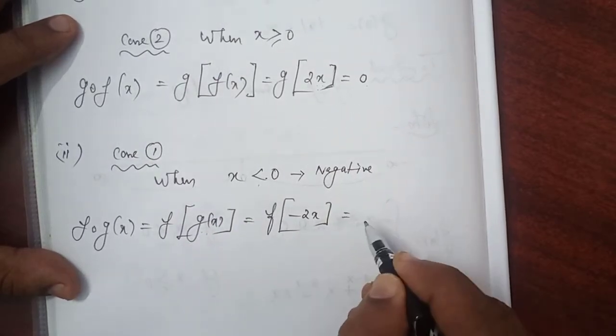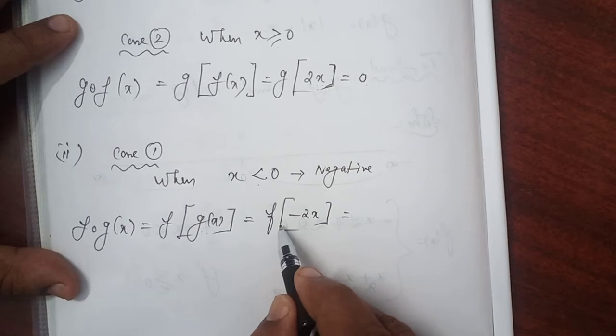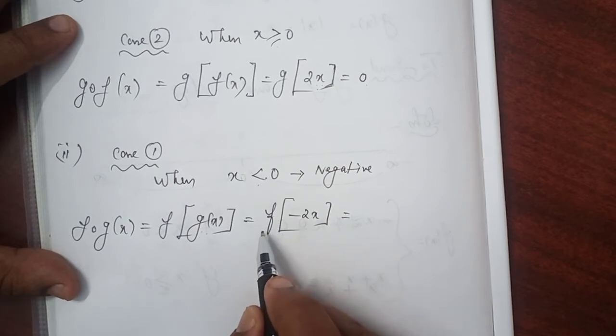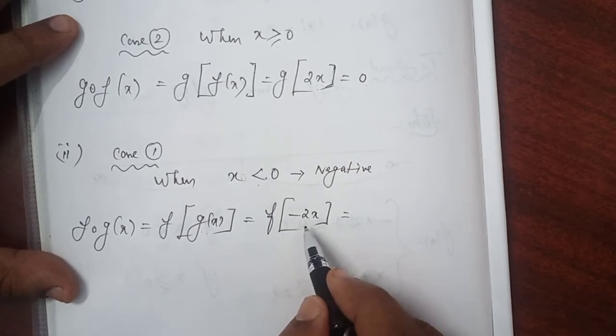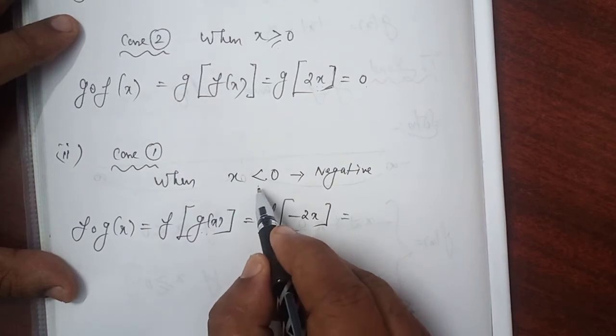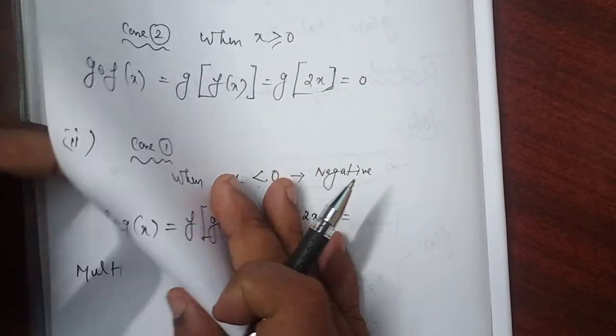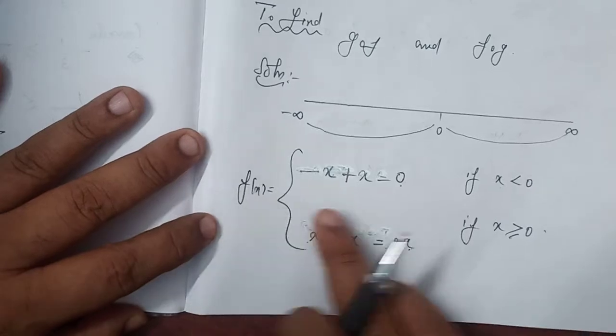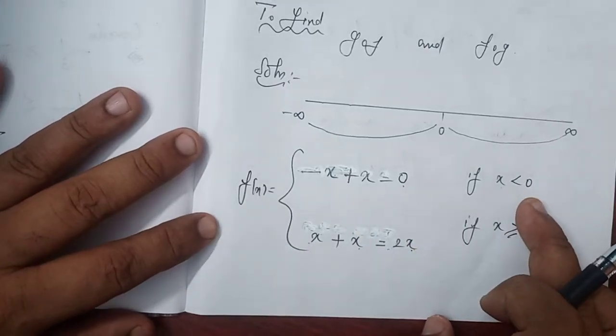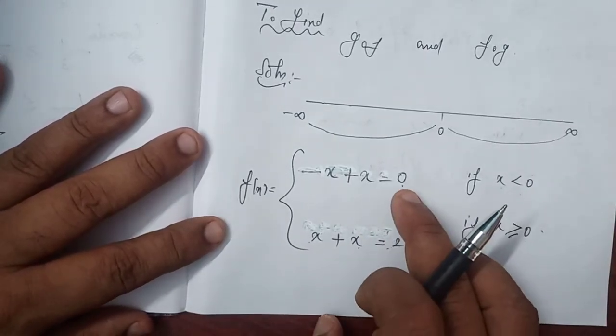That is equal to, outside the bracket we have f. Go to f. You have to consider less than 0. Here for f less than 0, what is the value? 0 only.